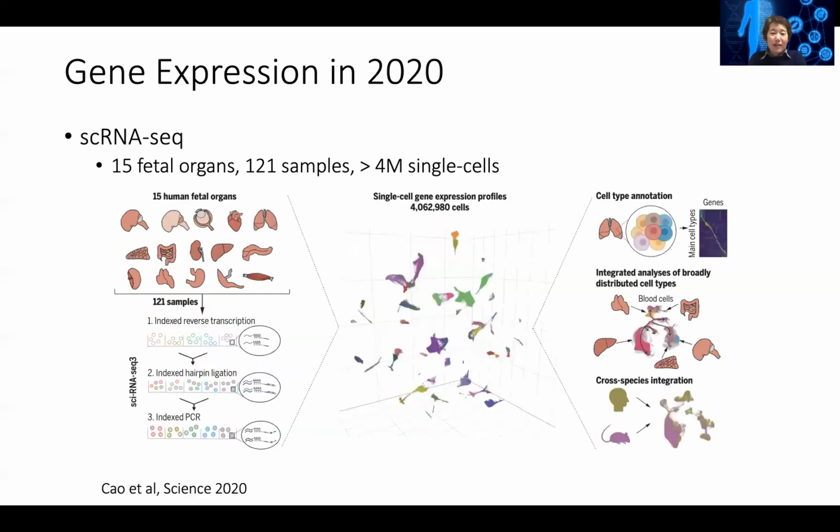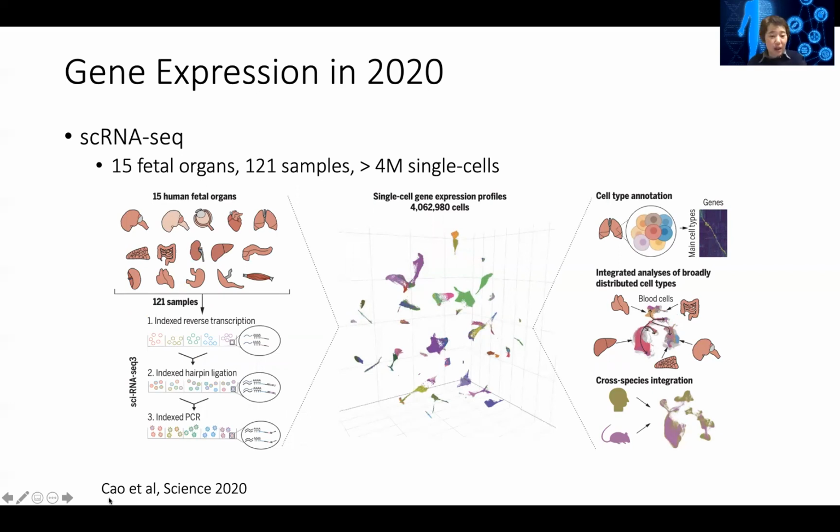In addition, people are now developing single cell gene expression techniques. So instead of looking at a bulk tissue, single cell expression techniques can look within a complex tissue at whether there are different cell types. For example, in the brain, there are different components, and also in the heart and in liver, there are so many different cell types.